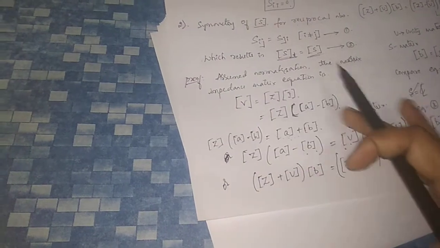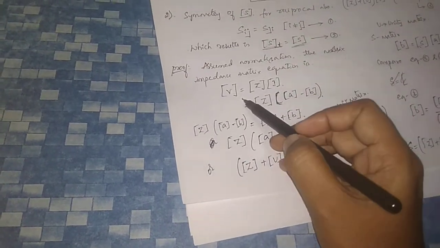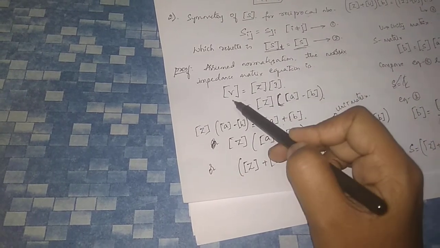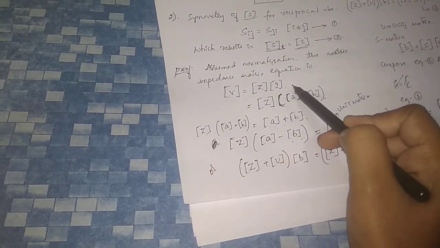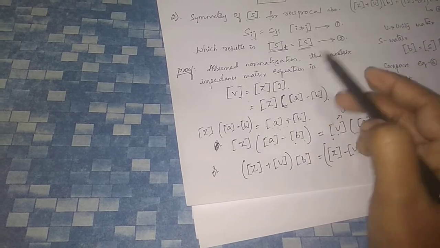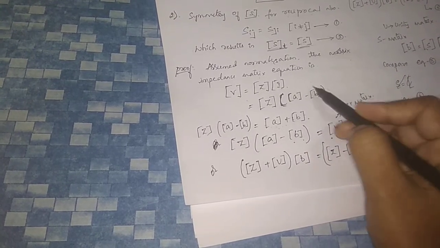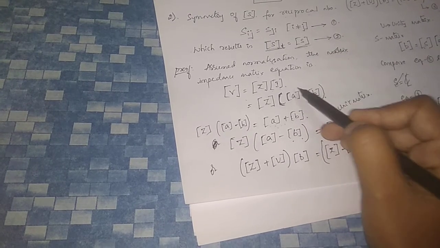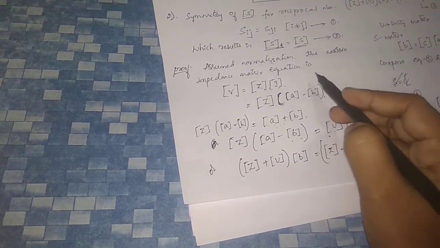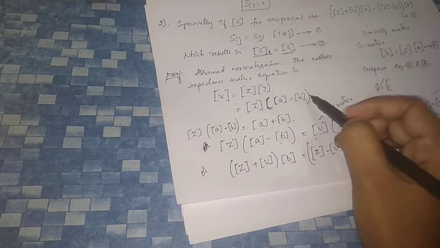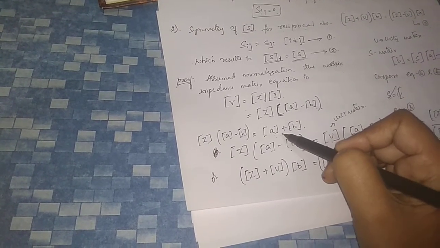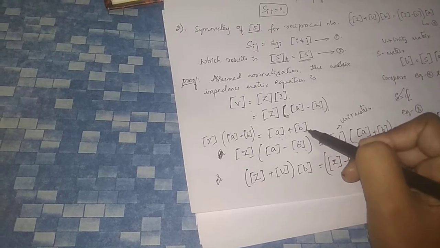So we started with the impedance matrix equation, V is equal to Z into I. I can write this I as A minus B, that is, the current in your two-port network is the incident wave minus the reflected wave. V can be written as A plus B also.